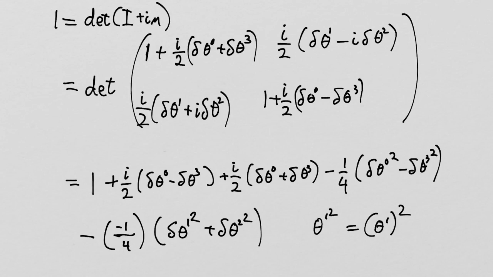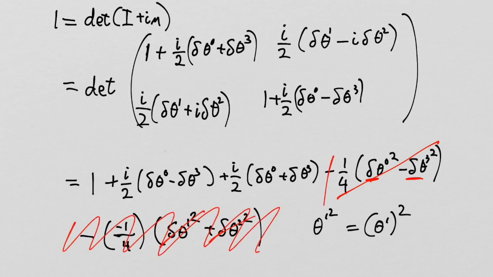But the point is, the squared terms that are small, like these, we can ignore because they're second order. So we ignore this and this, which basically means we ignore all of this, all of that, and then we're left with just this stuff. But if you look, the theta 3 part is i over 2 plus theta 3, i over 2 minus theta 3. So that actually cancels out, right?